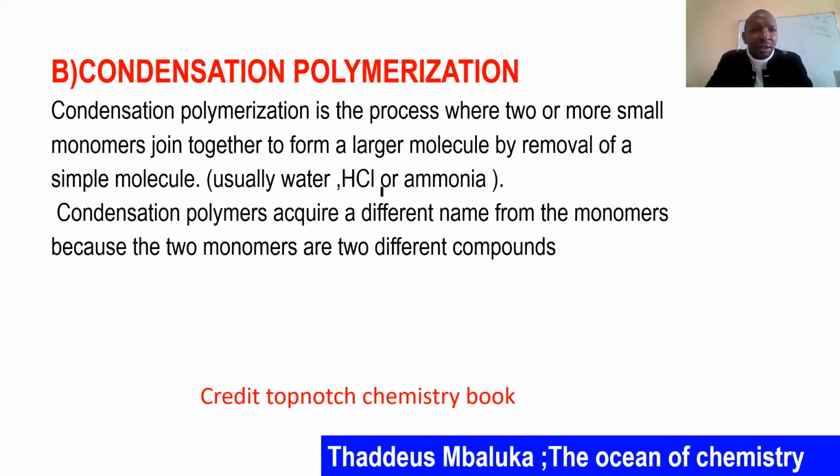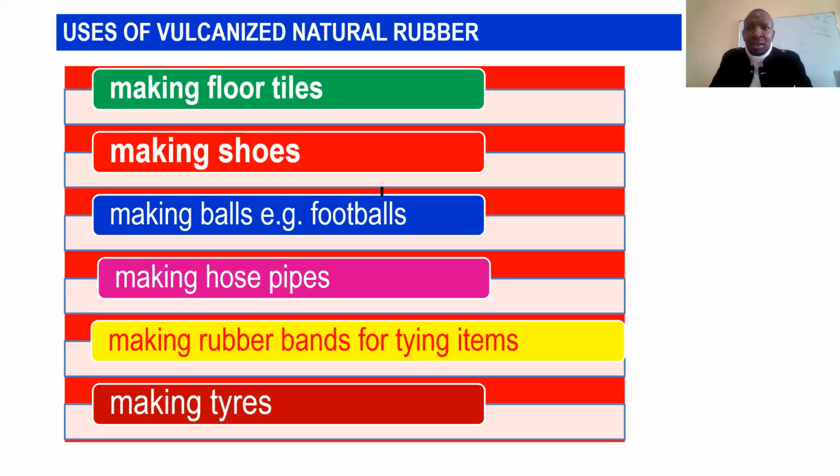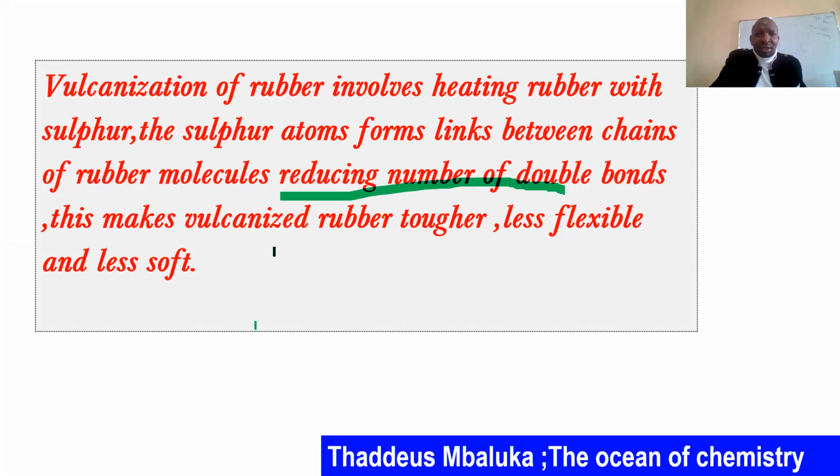Yes? There is a student raising his hand called Jeremy. Yes. Jeremy Mochama. I cannot see that page. For the uses. The page which the other student has explained of the rubber. Which one? This one. I think it is that.